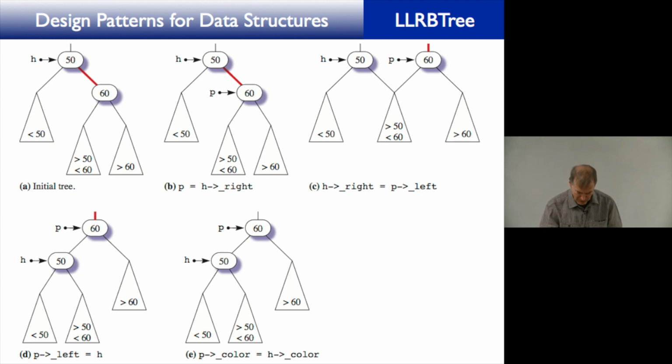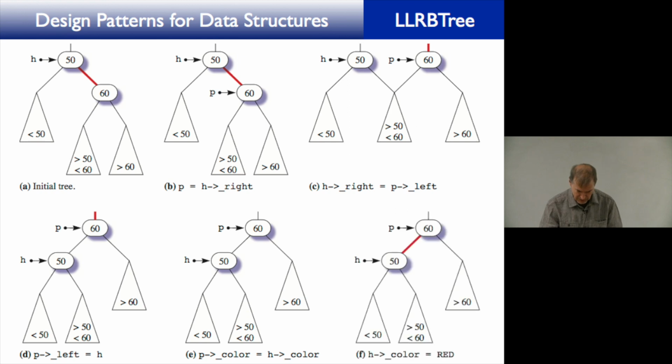And now, what was there? One more? H gets red. And furthermore, what is P pointing to? This, and what gets returned? P. So a pointer to the rotated one, the new top one. That gets returned. That's important. Okay, so it's just a shape that gets rotated. Yes, and the colors.